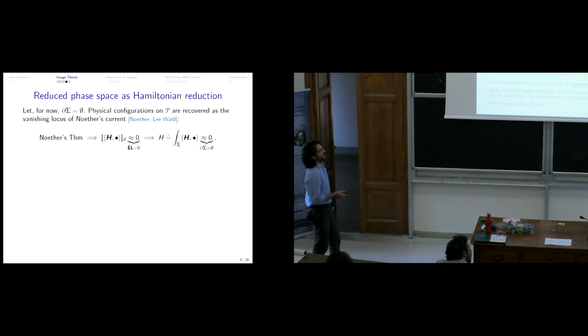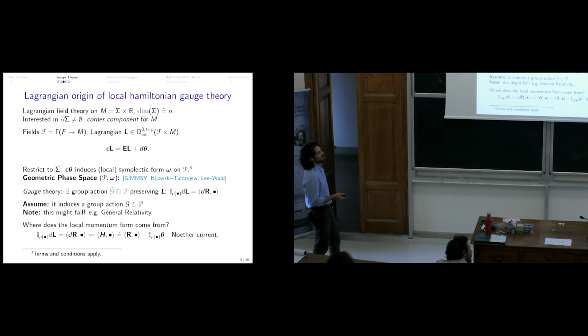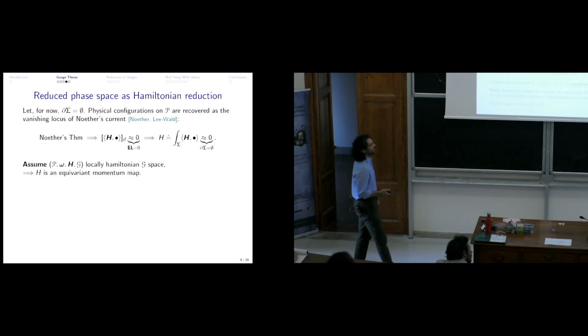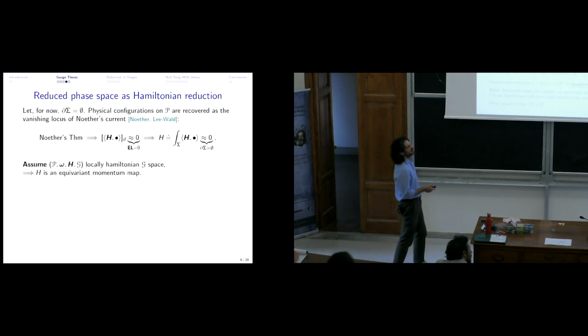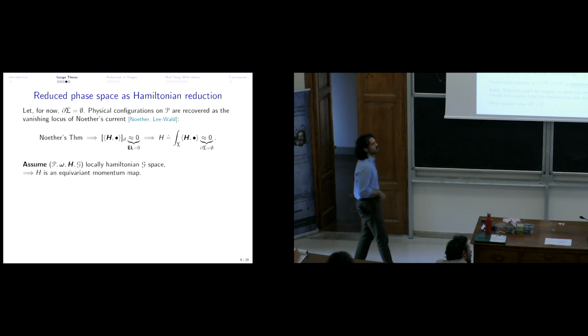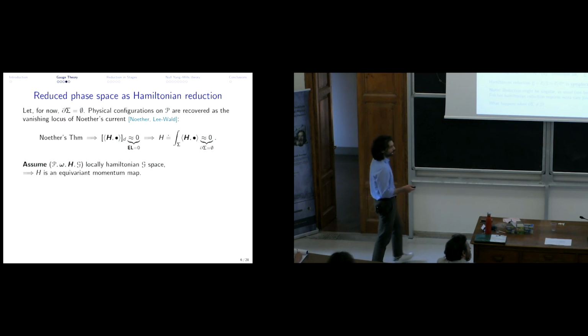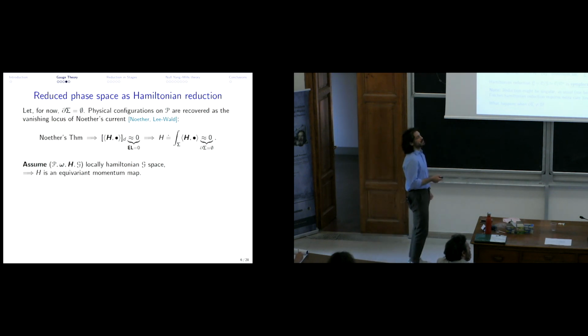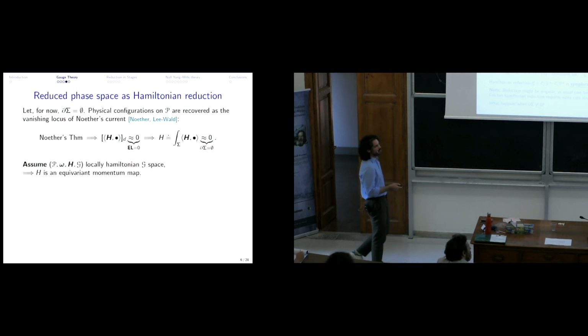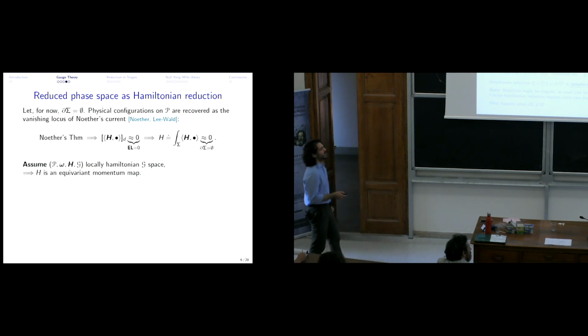So for now, let's assume that the boundary of this codimension 1 hypersurface, okay, so I'm looking at sigma as a slice inside this foliation, let's assume that sigma is closed, it has no boundary. Now, as a consequence of Noether's theorem, physical configurations over sigma are recovered as the vanishing locus of Noether's current.